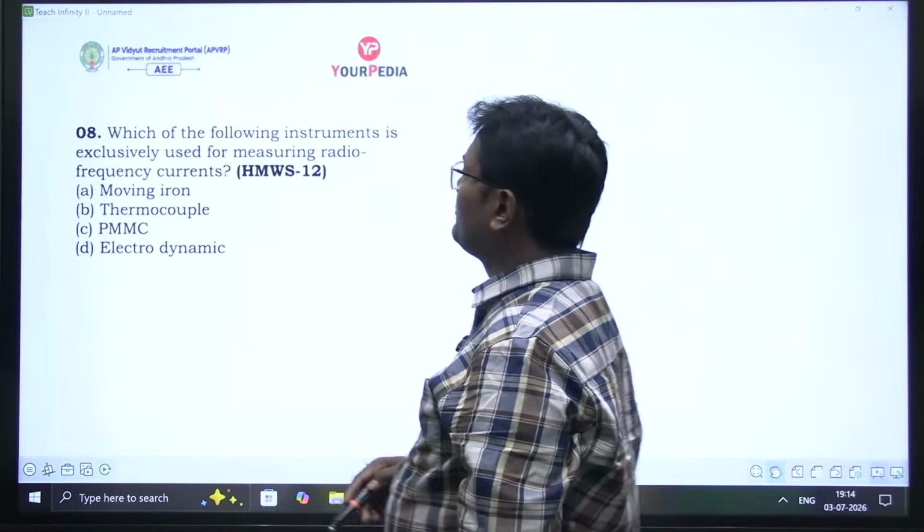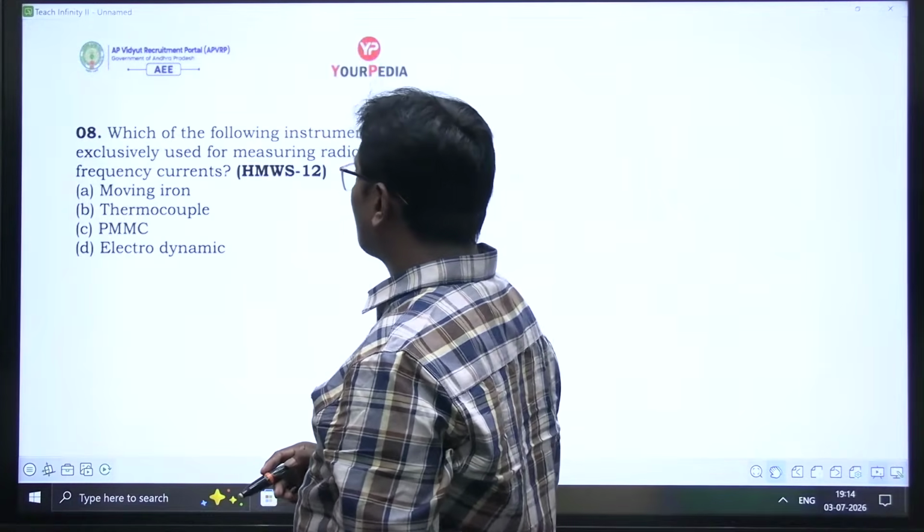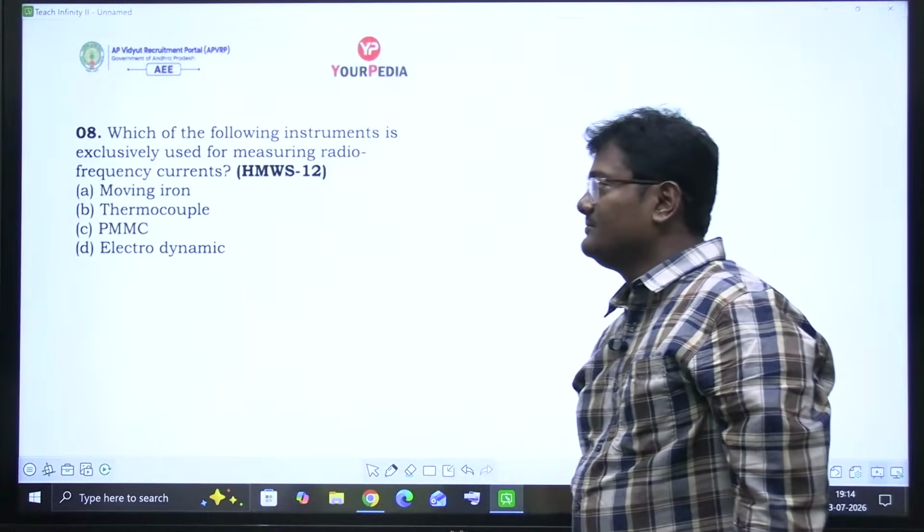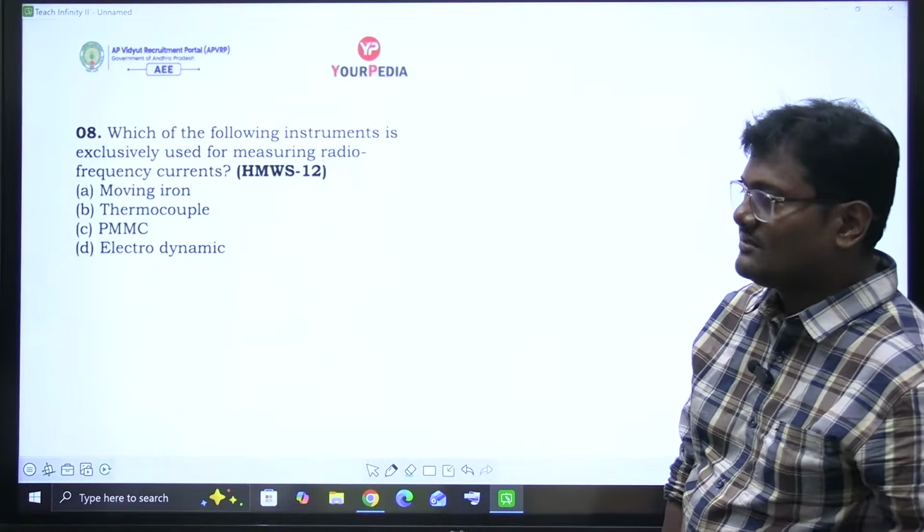Which of the following instruments is exclusively used for measuring radio frequency currents?